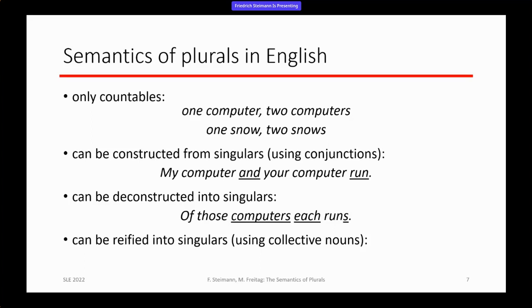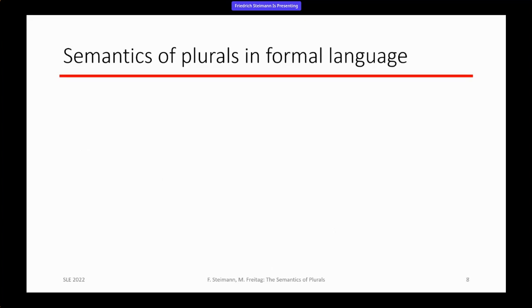And last but not least, we can reify plurals into singulars, like a cluster, for instance, which may refer to my computer and your computer if they are a cluster. So reification is very important. We see that many times over in this talk.